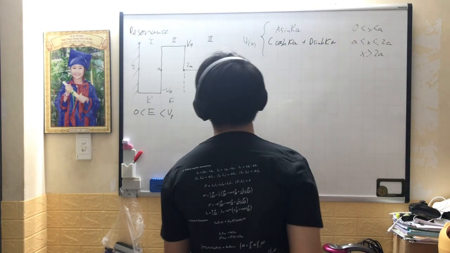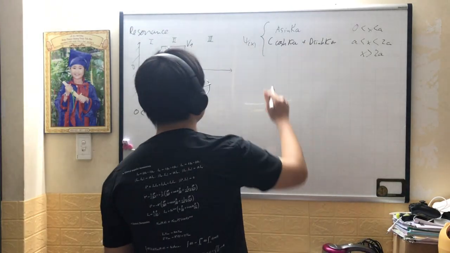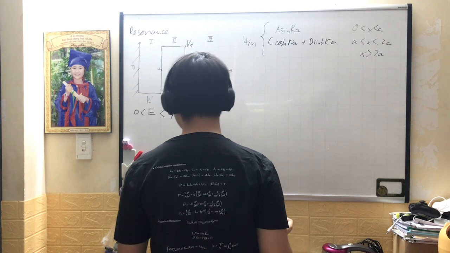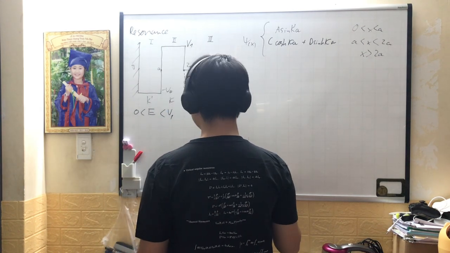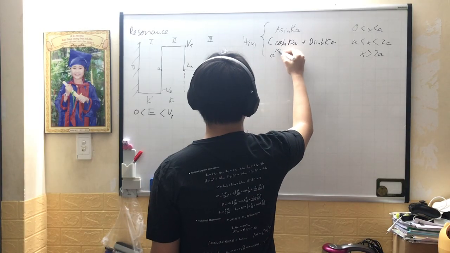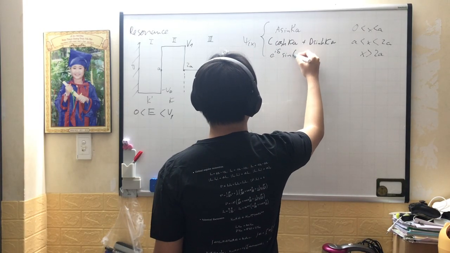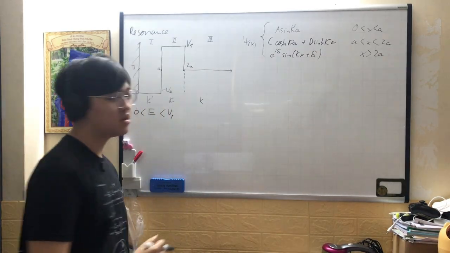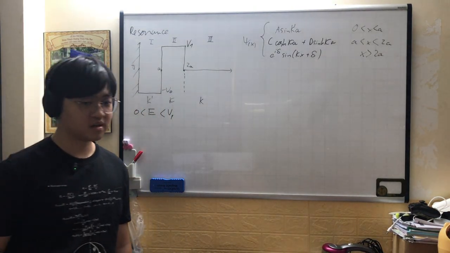All right. Next is the outside. As I said in the last video, outside is universal for these kinds of problems. That would be E^(i delta) sine kx, plus, I'm sorry, that would be a plus, not minus.